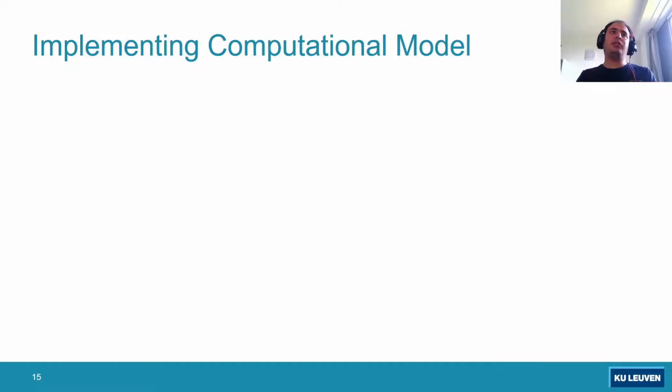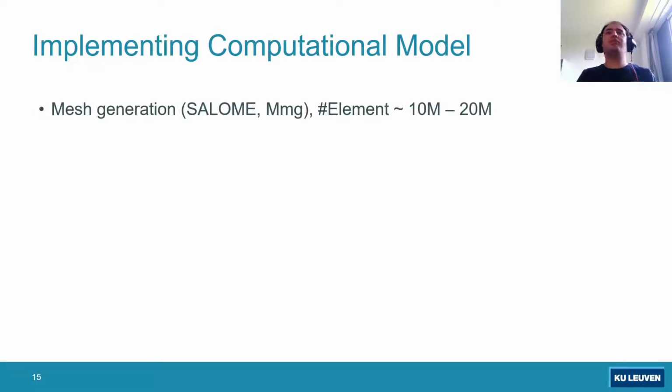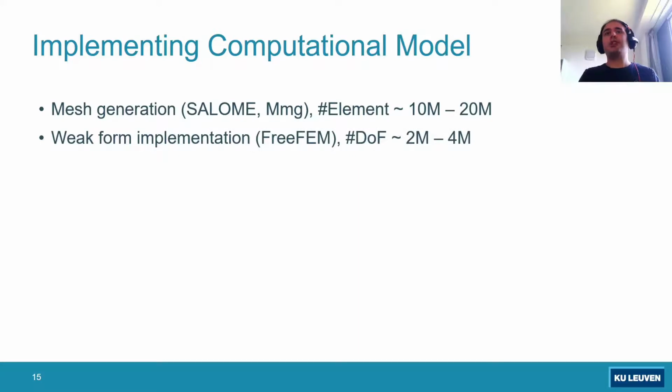To implement a computational model, in the mesh generation process we usually end up with 10 to 20 million elements, so quite a large number of elements. And for degrees of freedom, when we implement it in programs like FreeFEM for the weak formulation, and then assemble the linear system of equations to solve, for each PDE we have 2 to 4 million degrees of freedom.